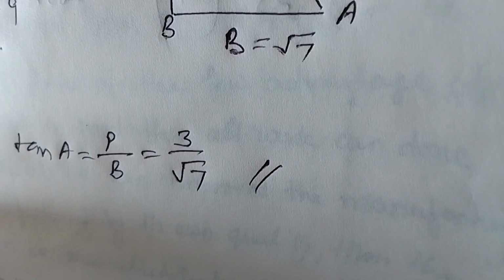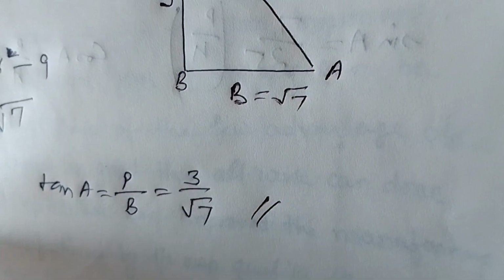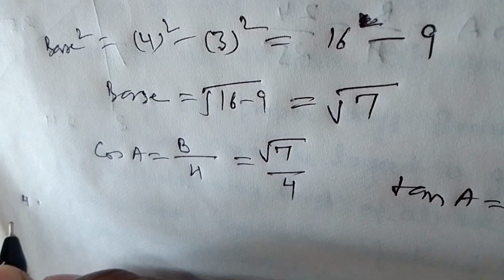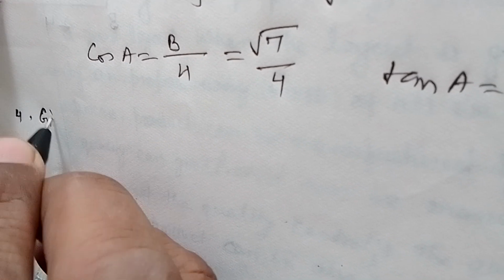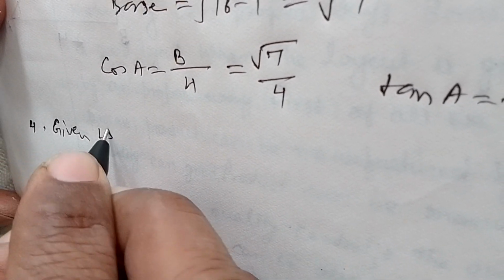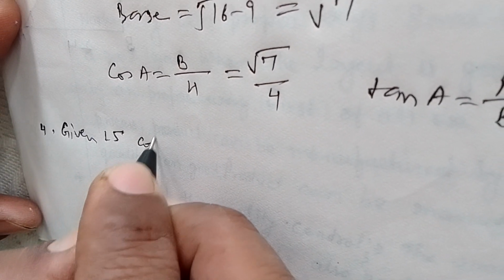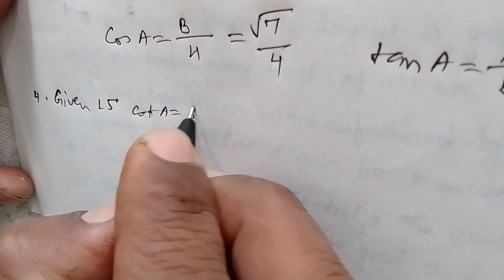Now the next question, that is the fourth question. We are given 15 cot A is equal to 8.